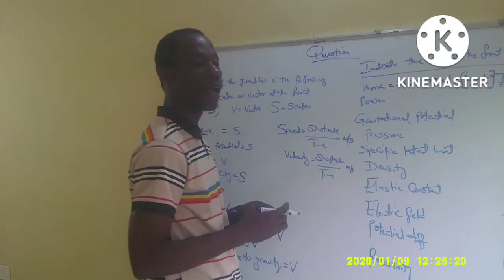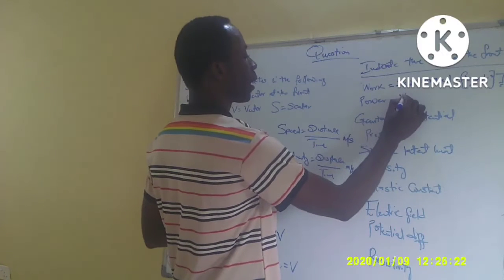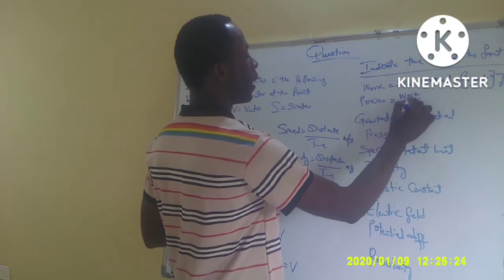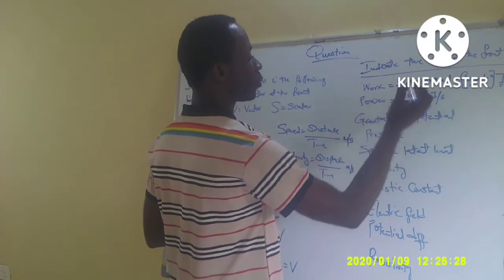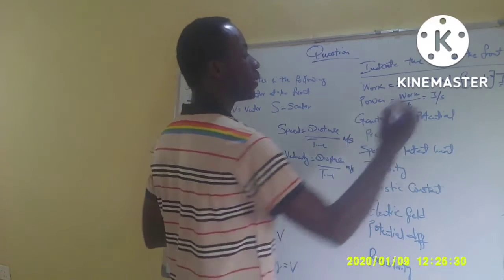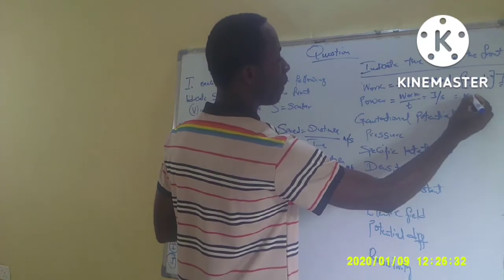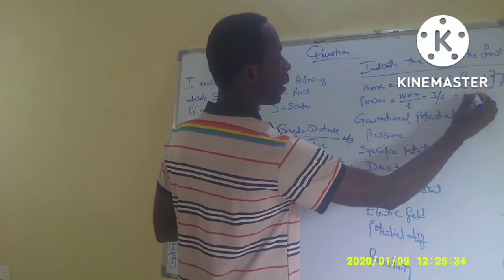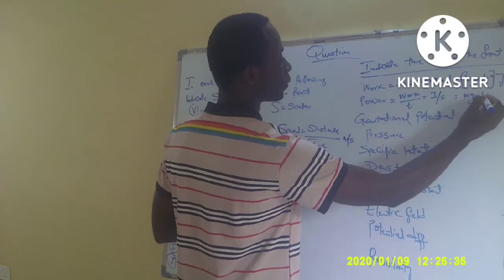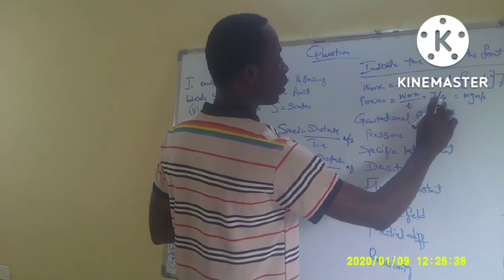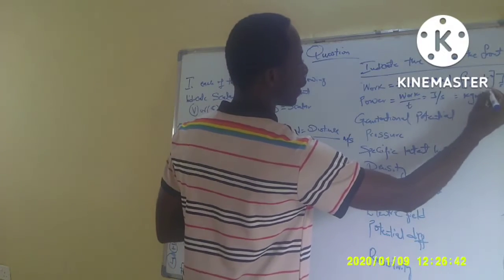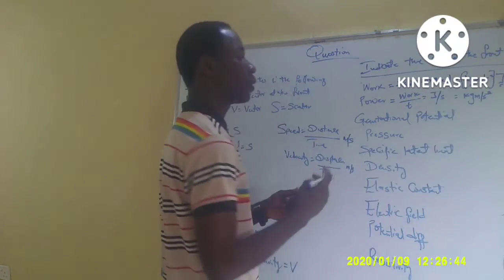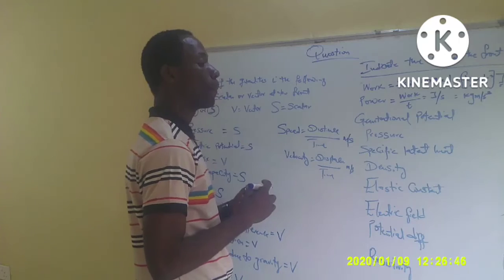Then what about power? Power is actually work over time. So if it's work, we can say it's joule per second. Or we can say it's also kilogram meter squared per second cubed. So that's the unit of power.